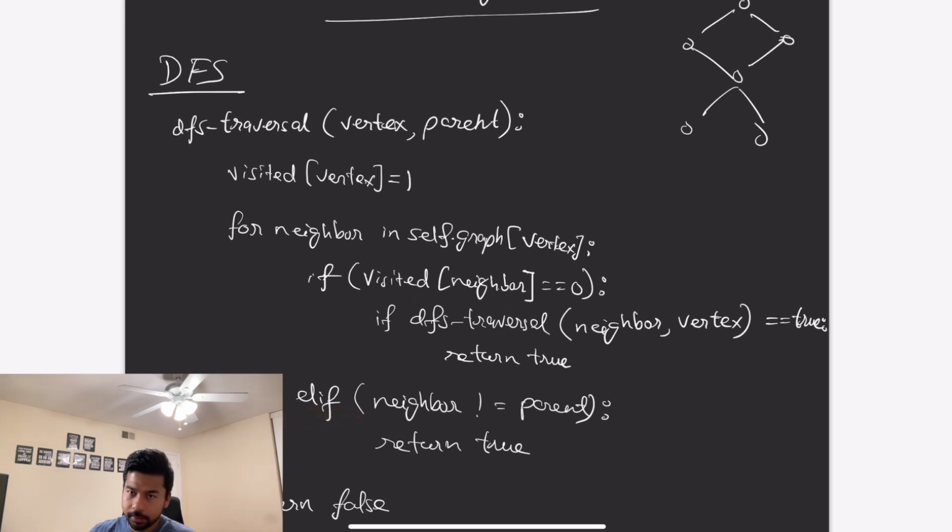else means we have visited it, which means visited of neighbor is 1, which means we've visited that neighbor, correct? What is the visited array used to do? The visited array is used to make sure we don't visit the parent again.